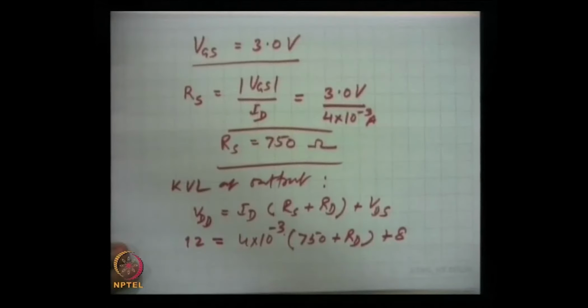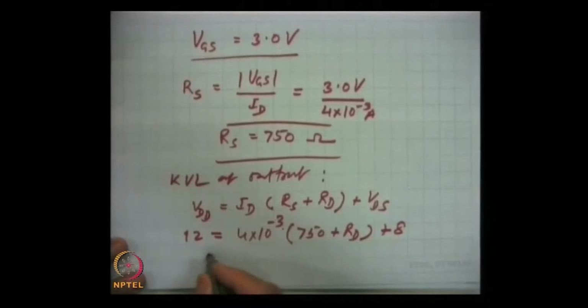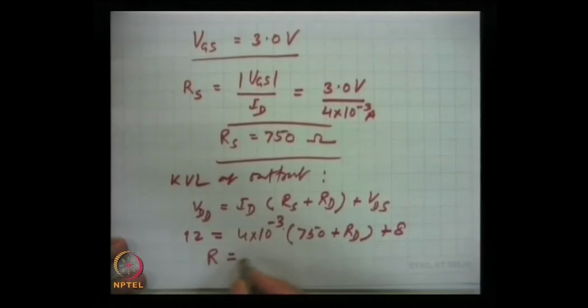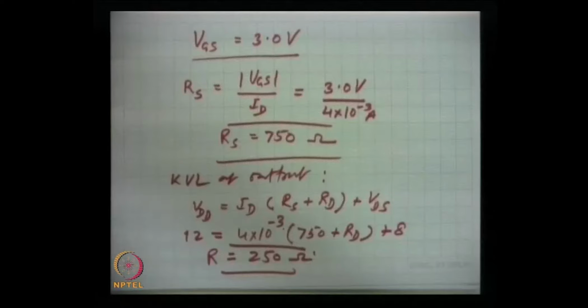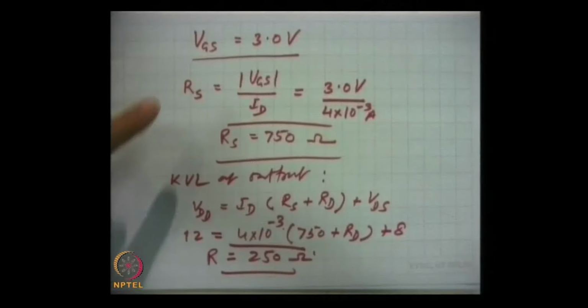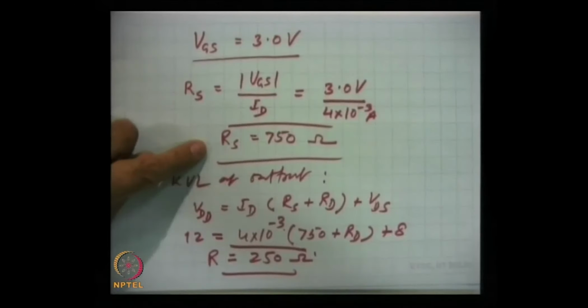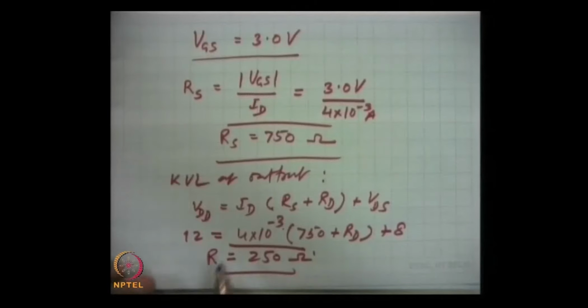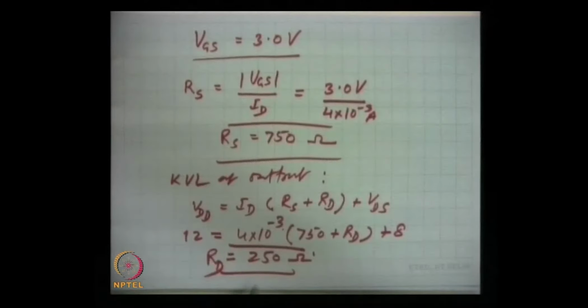We solve for RD and RD comes out to be 250 ohms. This is the way we can find out the values of the two resistors, RS 750 ohms and RD as 250 ohms.